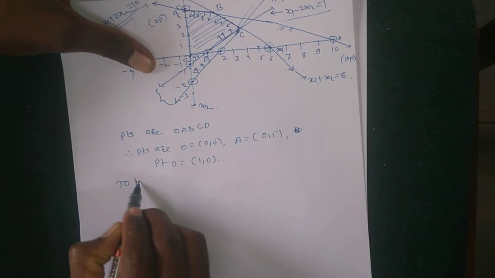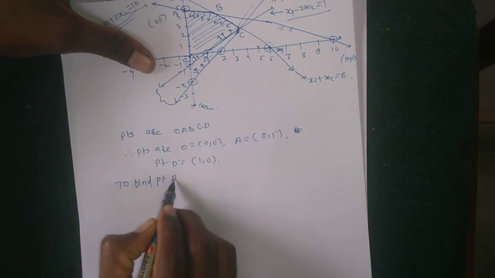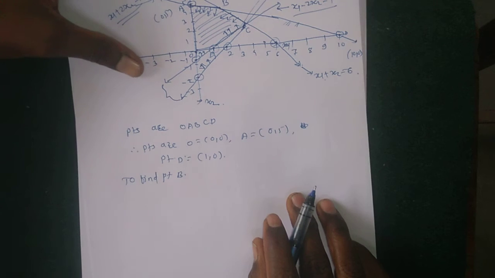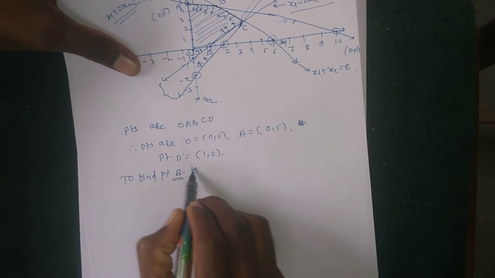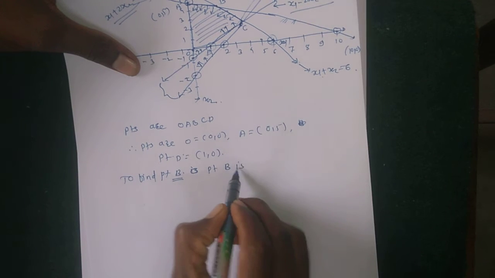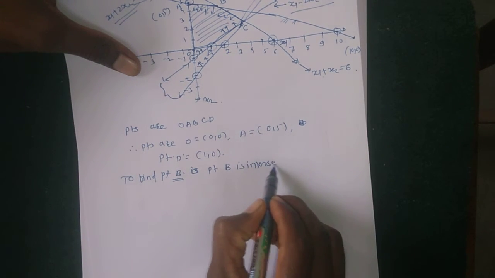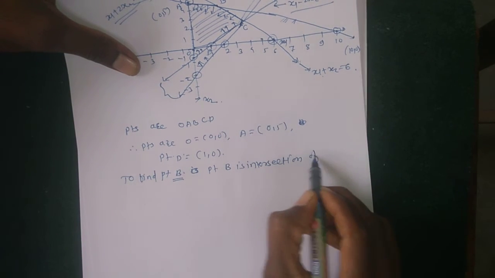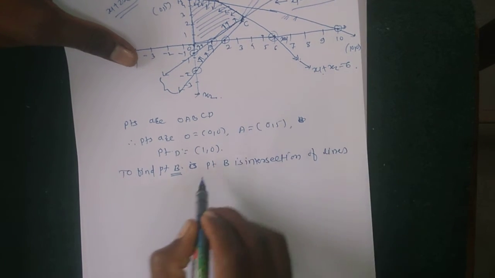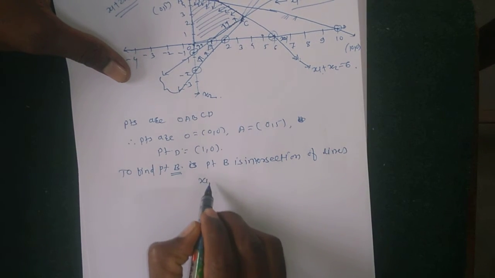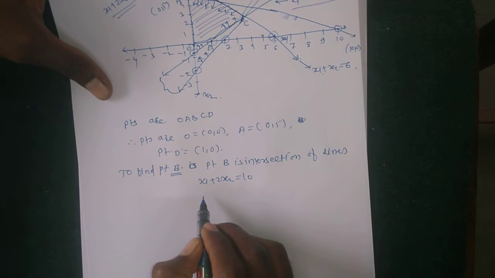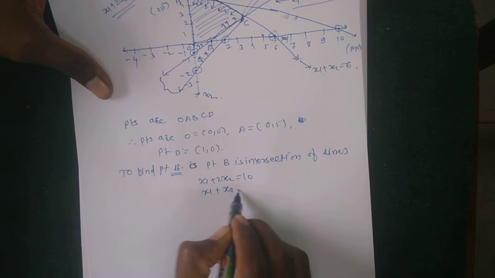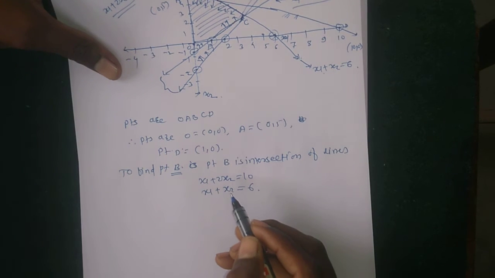To find point B: point B is the intersection of which lines? x1 plus 2x2 is equal to 10, and x1 plus x2 is equal to 6.